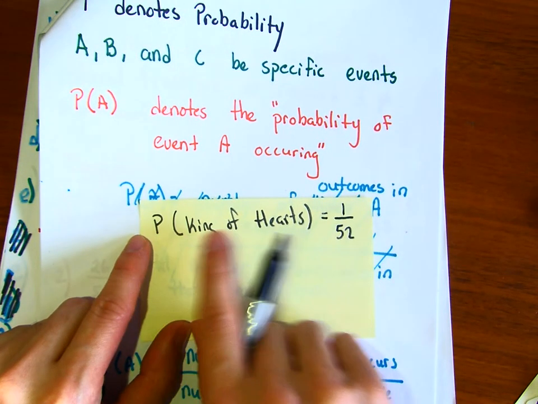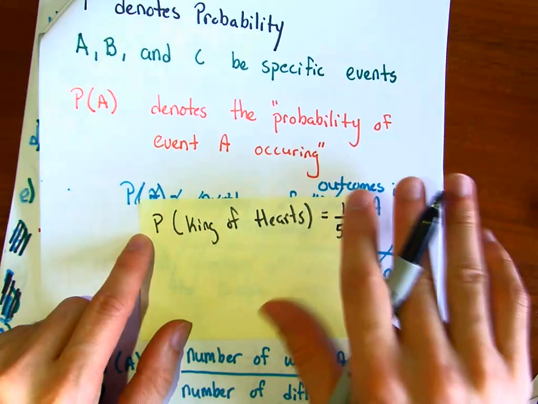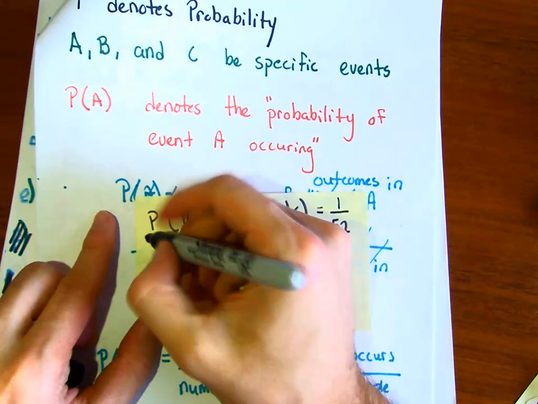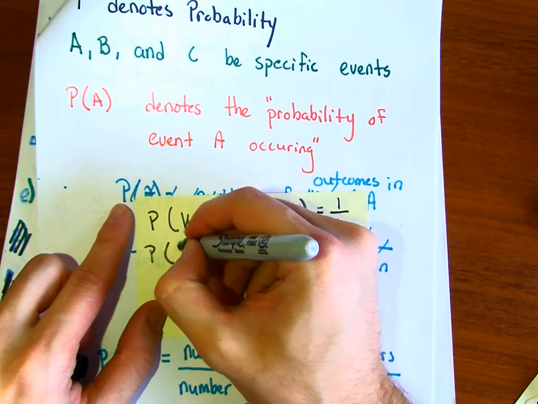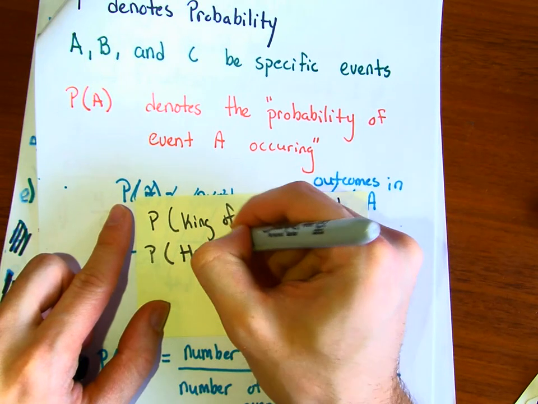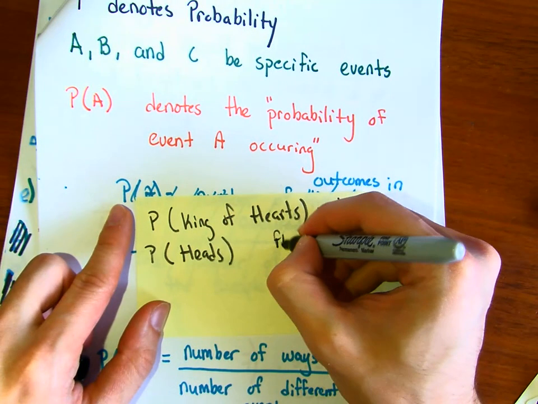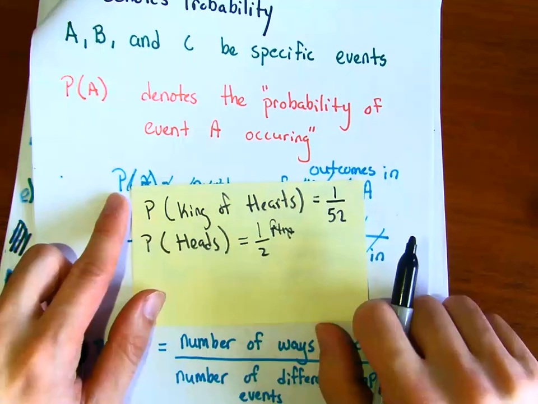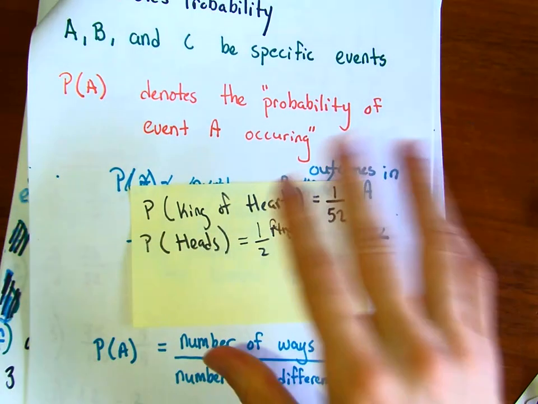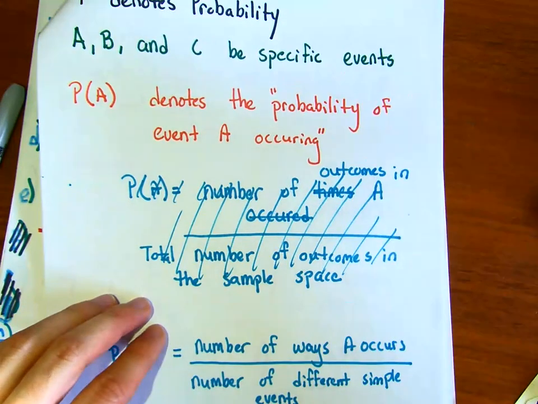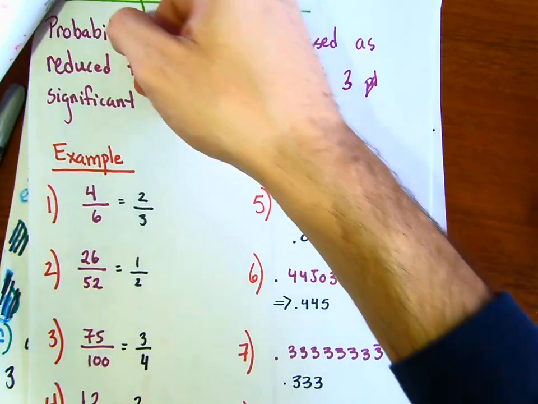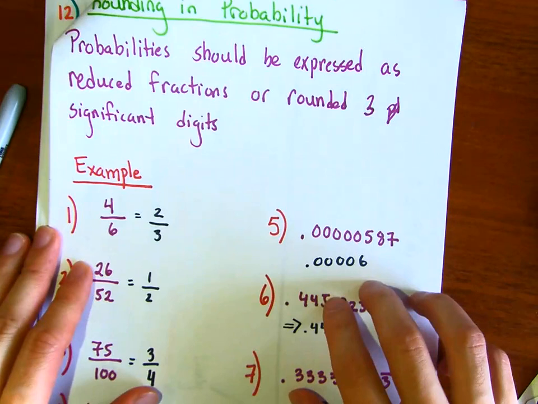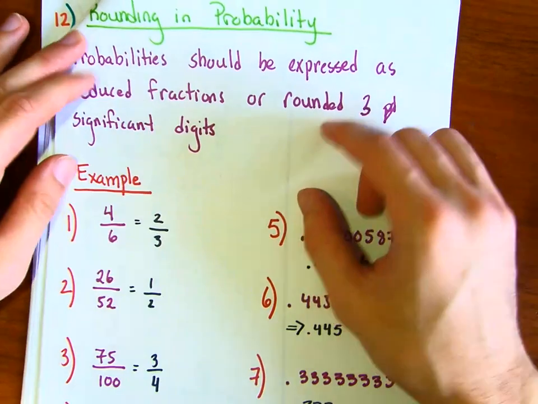So if you see this mathematically, that's how you read it. You just say the probability of getting a king of hearts, or the probability of getting a heads if you were to flip a coin. If you flip a coin, this is 1 out of 2. That's just the idea for the notation. Let's move on. Here are some basic ideas of probability, and please have this in your notes.